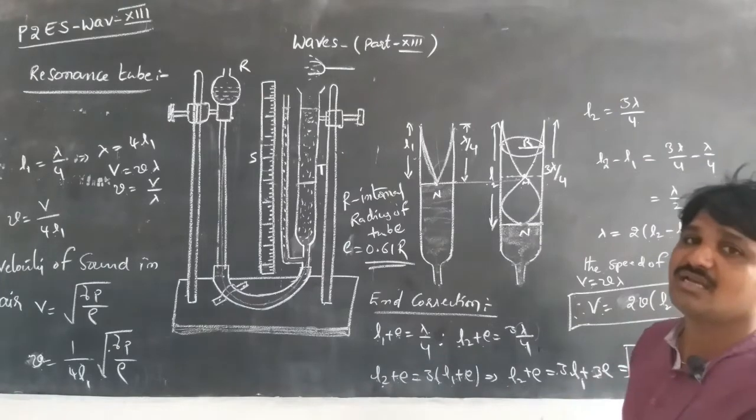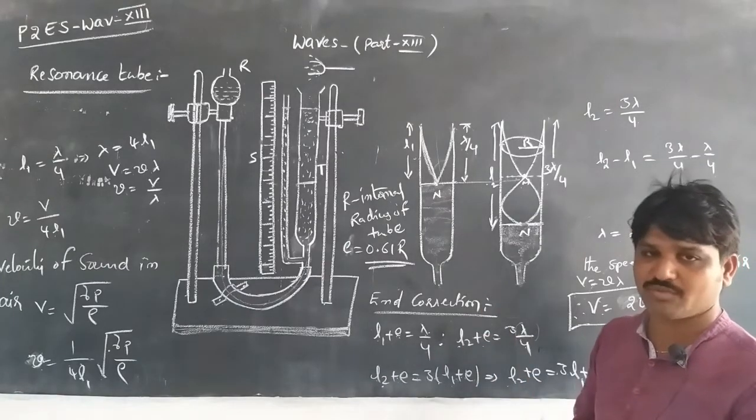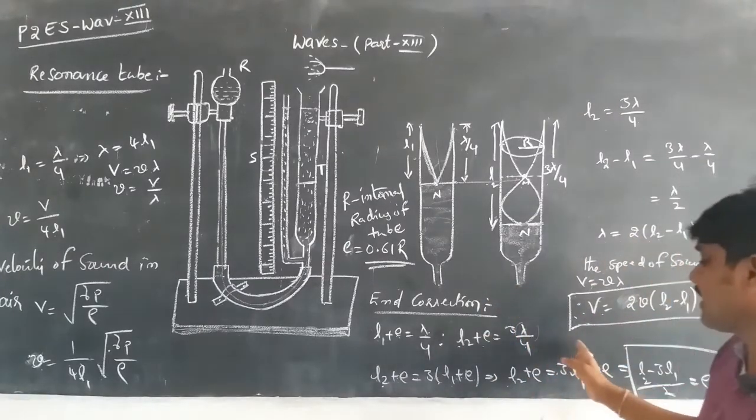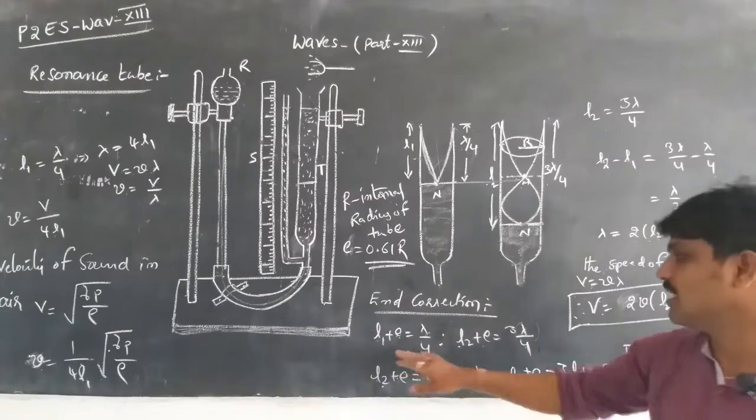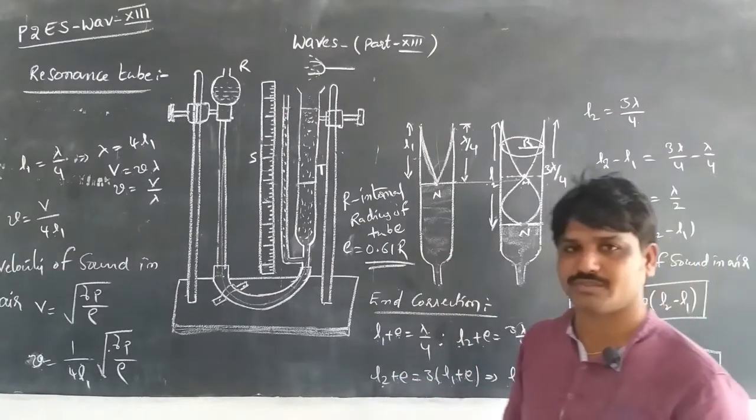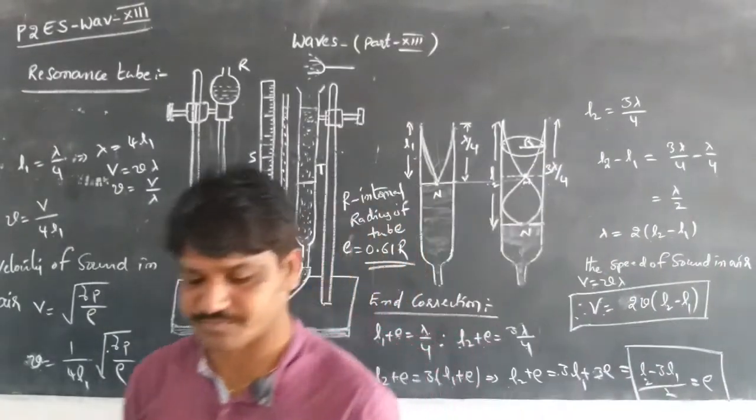This is about the resonance tube. Using this, we can find the end correction E is equal to (L2 minus 3L1) by 2.